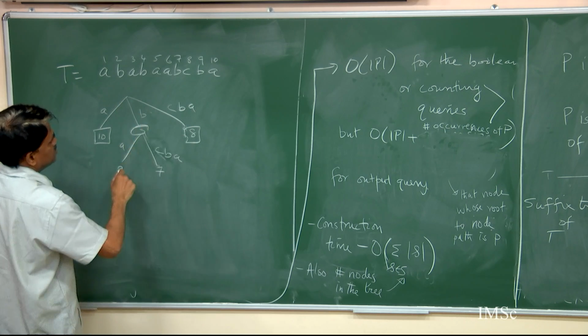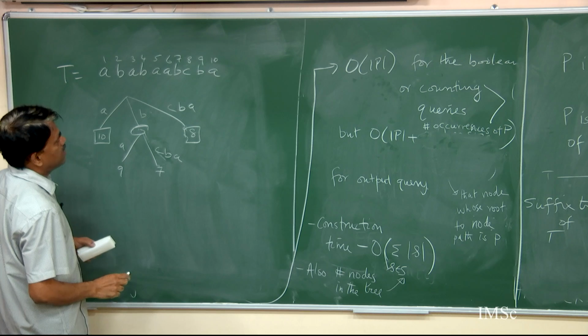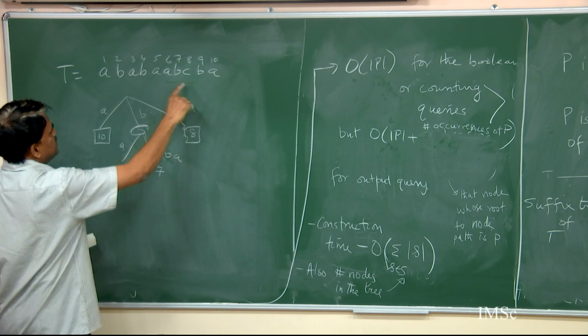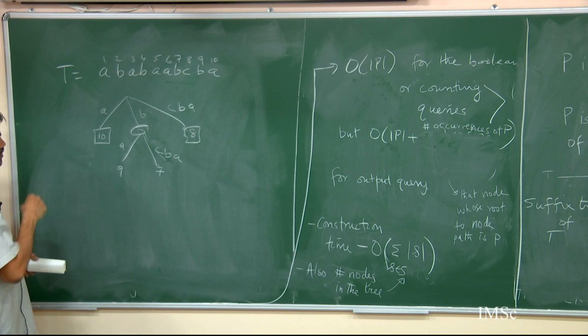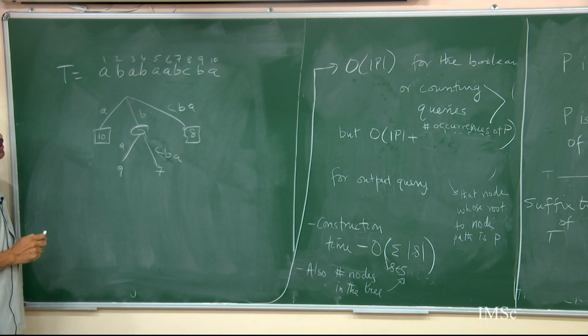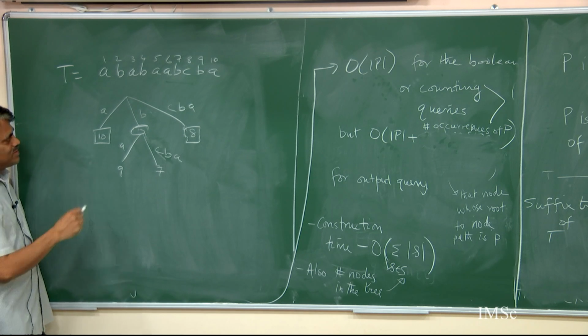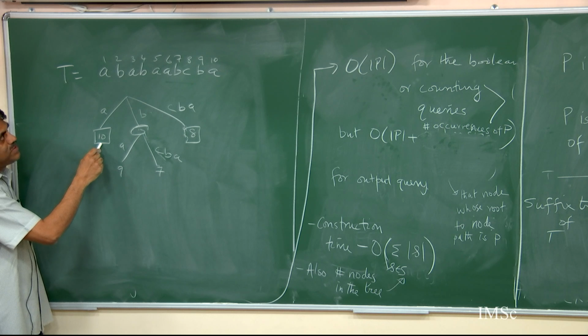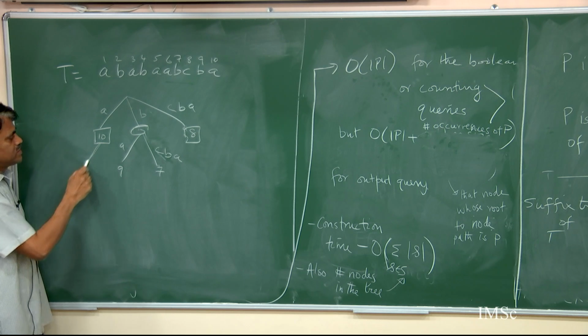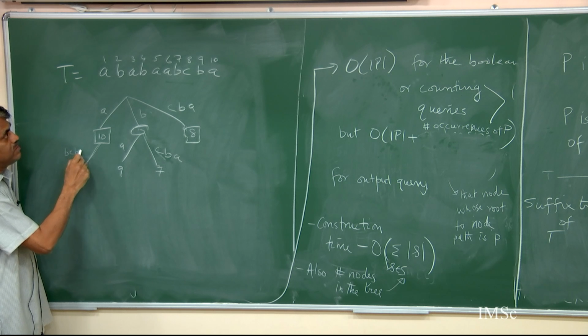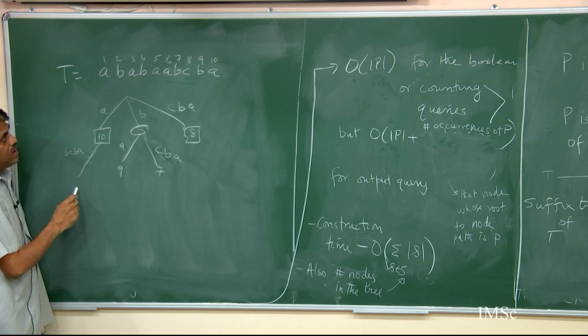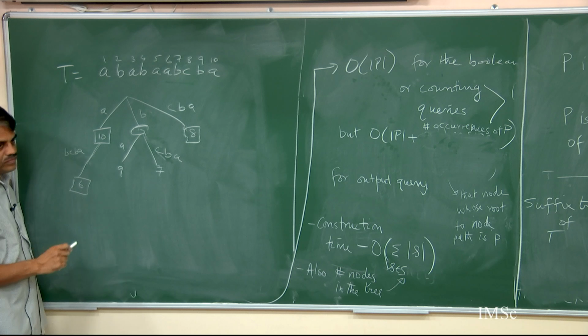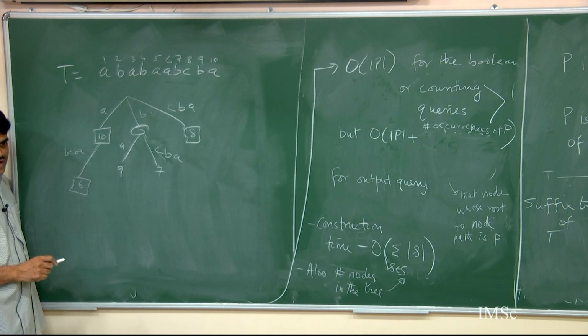So, BA corresponds to 9, BCBA corresponds to 7, ABCBA, aha, I have a problem now. What is the problem? Let us see. ABCBA would be, I just create something here and say BCBA, and so that is ABCBA starting at position number 6, with something ugly going on.